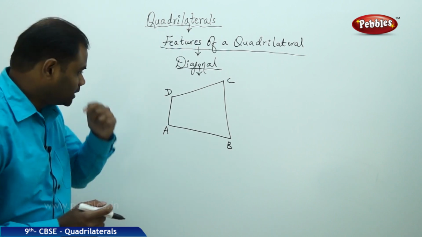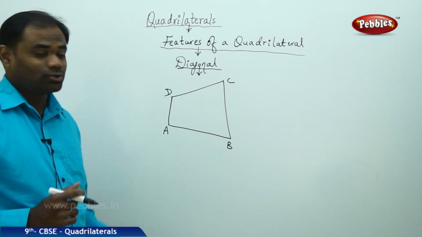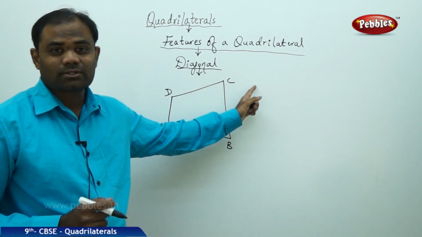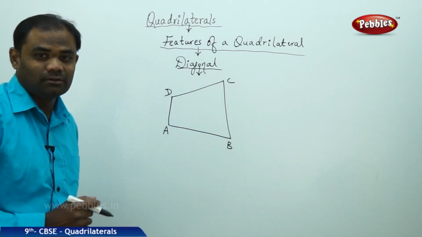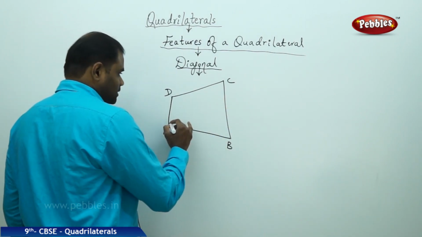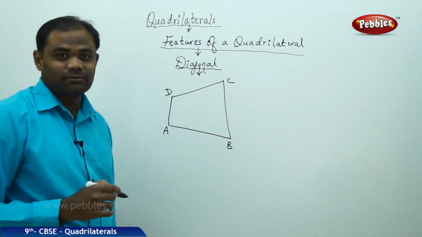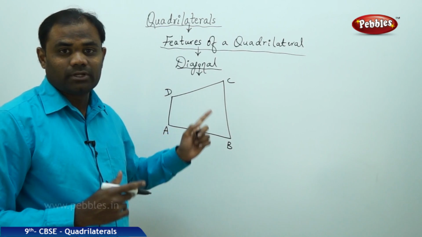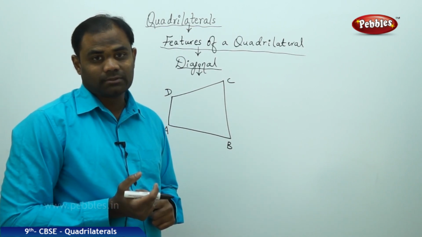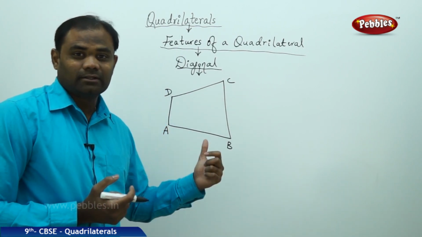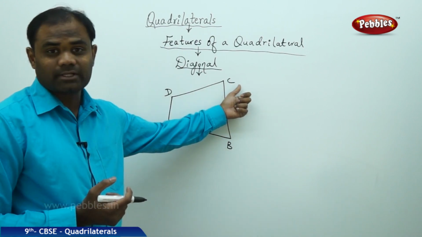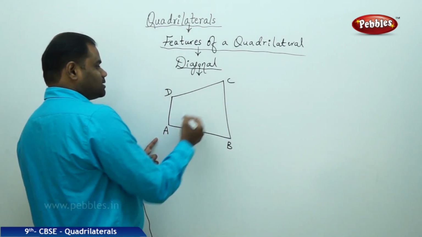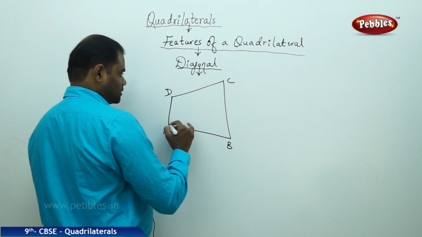Now interestingly, I would like to investigate joining two endpoints of the four-sided figure. For example, I have A and C. Let's see what happens if I join A and C or B and D. So let's try to join the 2 points, investigating the diagonals or joining the alternate points. So A and C are called alternate points.